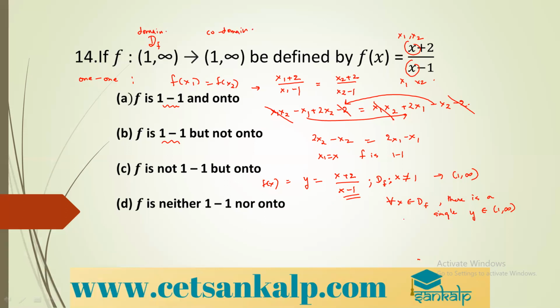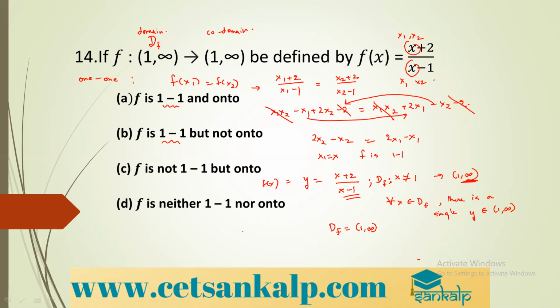So that's why I have written. So for all x, there is a single y in the interval 1, infinity. That means x, the domain you are taking, is 1, infinity. Domain of f is 1, infinity, which is matching with the question.